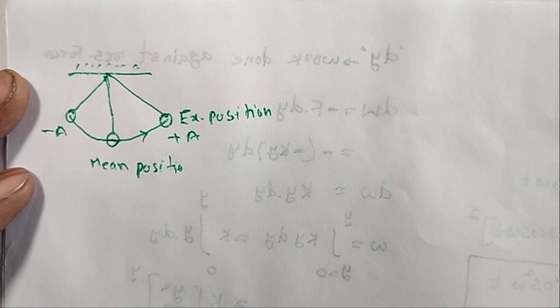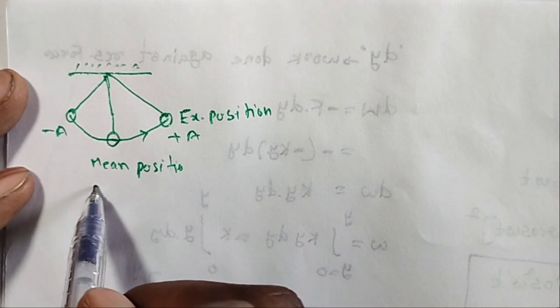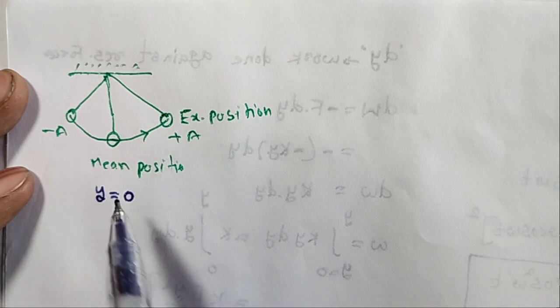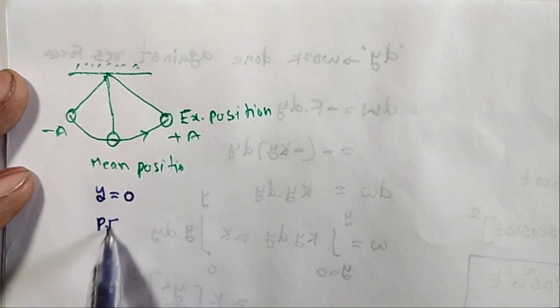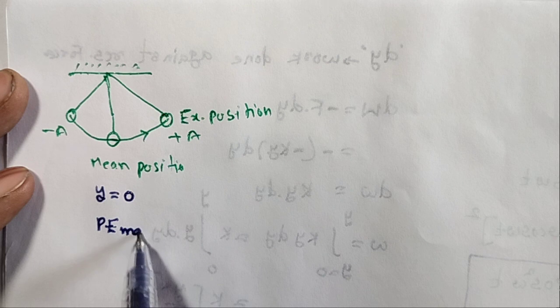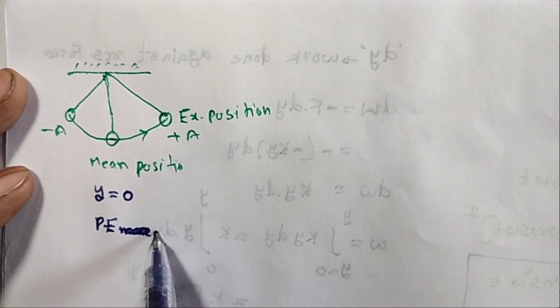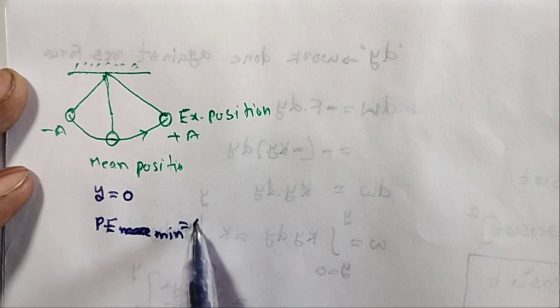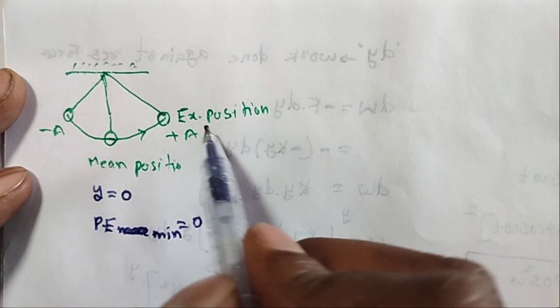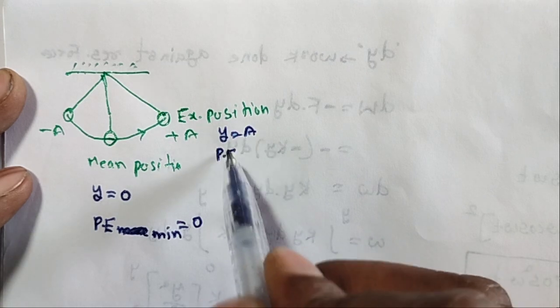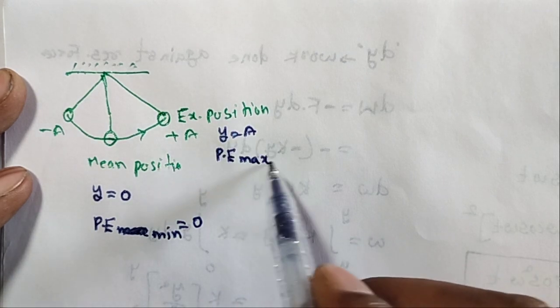At the mean position, y is equal to 0. So therefore their potential energy is minimum, that is equal to 0. At the extreme position, y is equal to a, their potential energy is maximum.